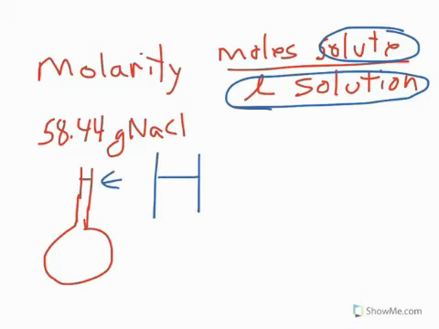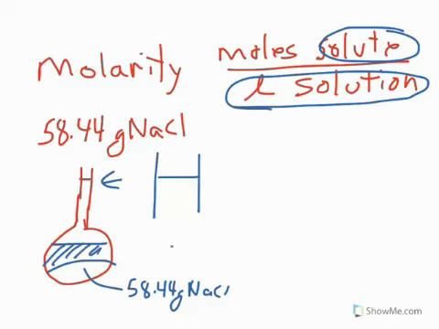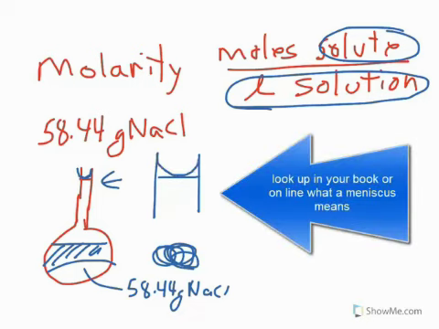How I make this is I put 58.44 grams of sodium chloride, then I fill it about halfway full with water, and I swirl it up, mix it up, and then fill it the rest of the way with water so the meniscus just touches the bottom. That gives me exactly 1 liter of solution.